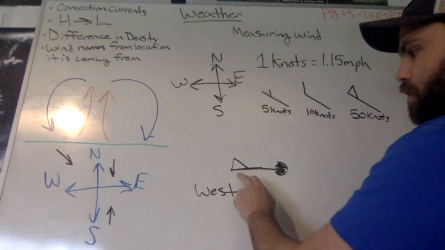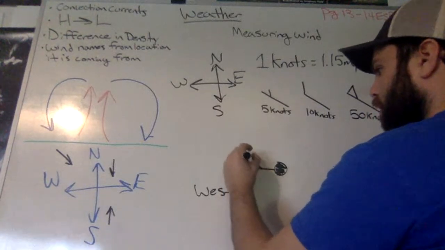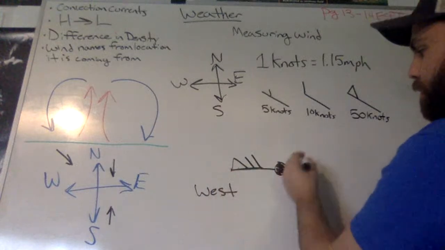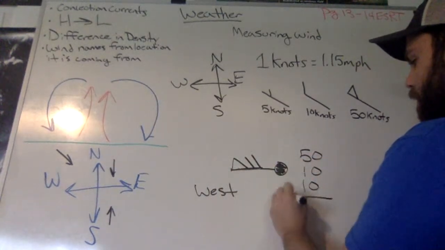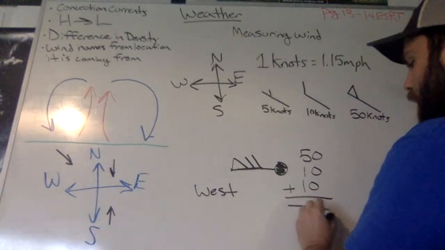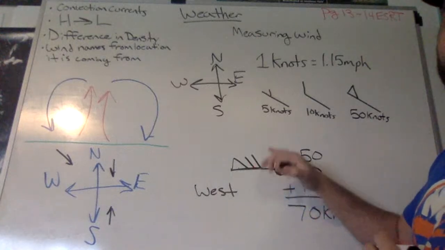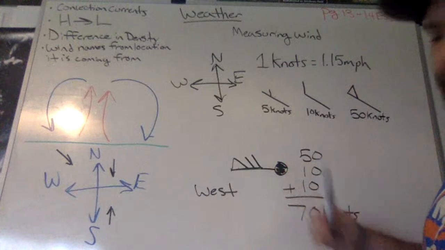So let's say I give you a triangle, then I give you 2 more long lines. You know that that's 50. Then you have another 10. Then you have another 10. Now you have your 70 knots, okay? You don't want to run out of room. So whenever you can condense it into a bigger symbol, that's what you're going to do, okay?